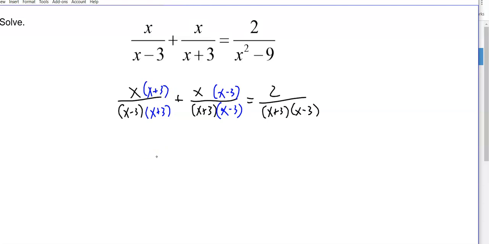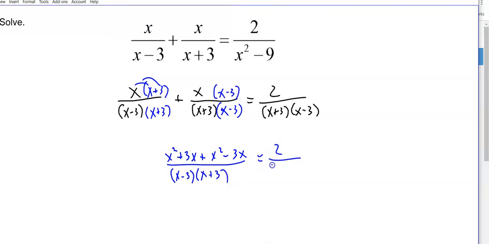I guess we can add this together, right? Do it this way. So you get x squared plus 3x plus x squared minus 3x over (x minus 3)(x plus 3) equals 2 over (x plus 3)(x minus 3).